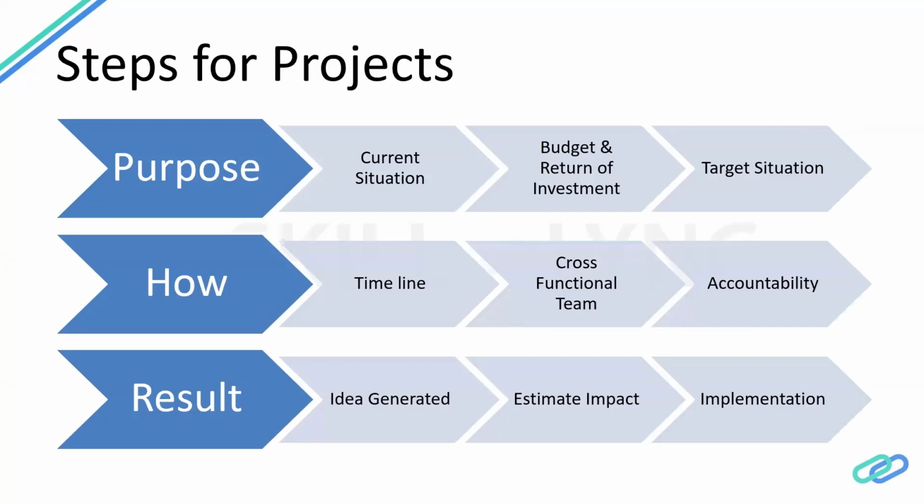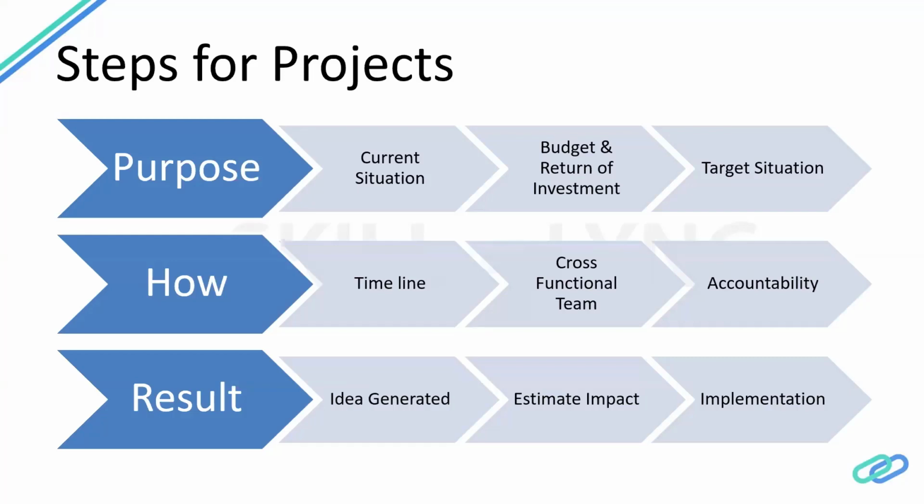Now I am just taking the steps for a project. I'm coming to my dummy project, which is the next slide. Before that, what are the things required in projects? We should have a defined current situation, like which product we are losing in the market, and we should have a target situation as well.